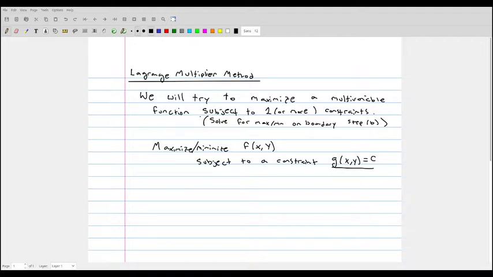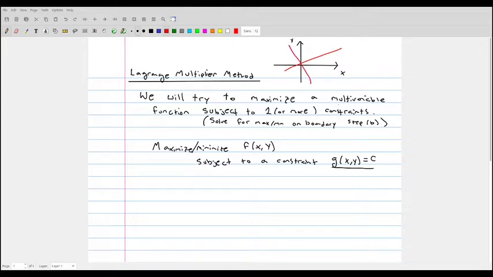So essentially what this is saying, for a 2D function, is that in a picture we can draw, we'll have our 2D function, and this 2D function maybe has level curves that can be relatively complicated. Maybe it looks like this.